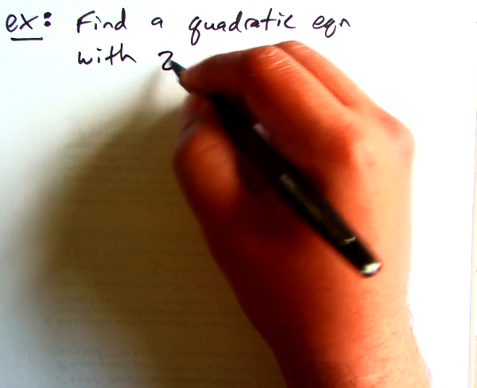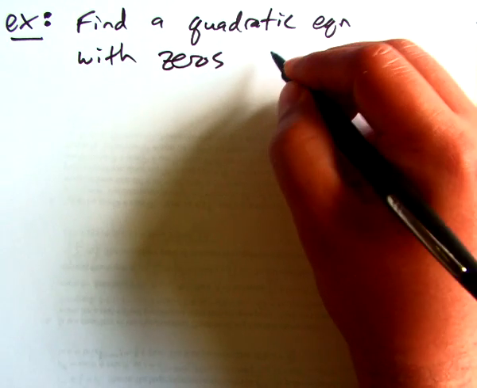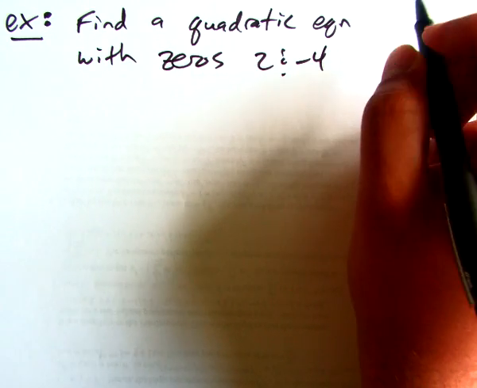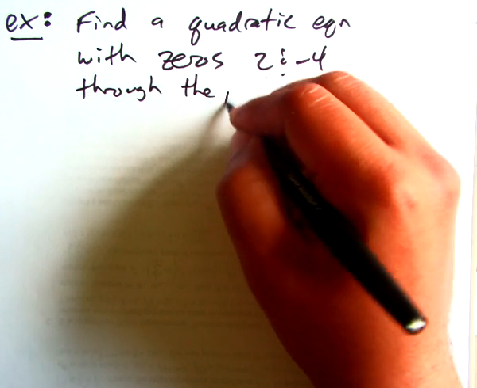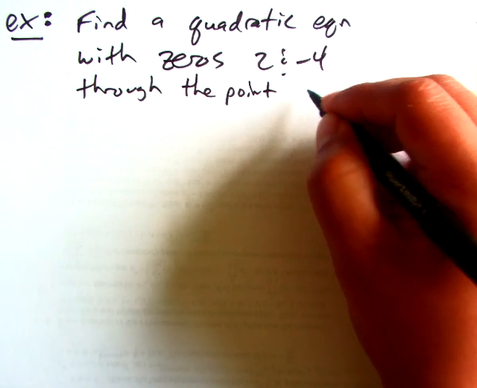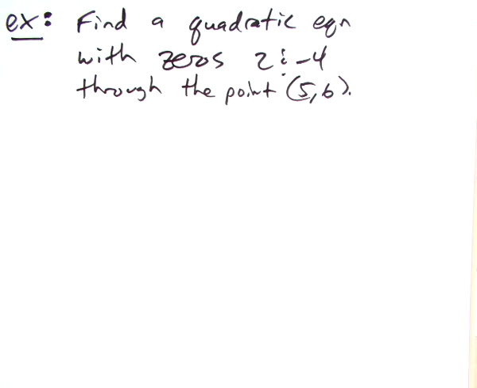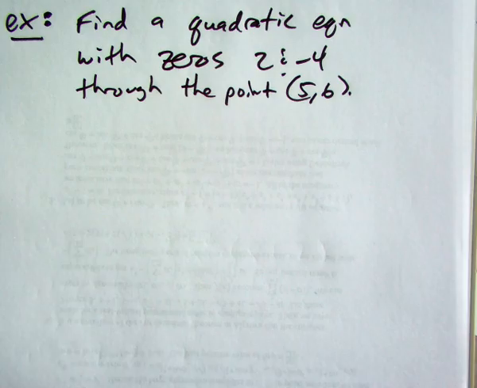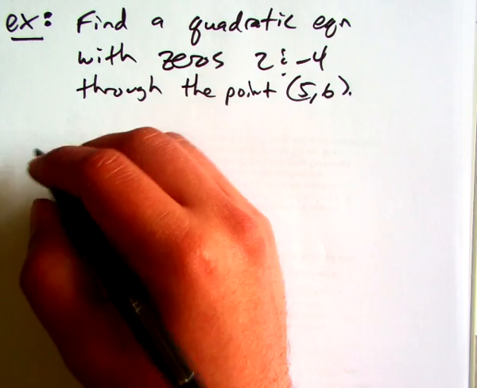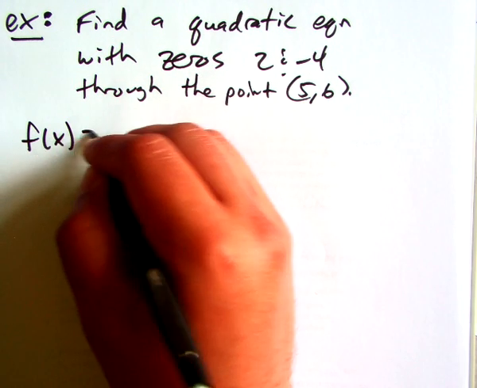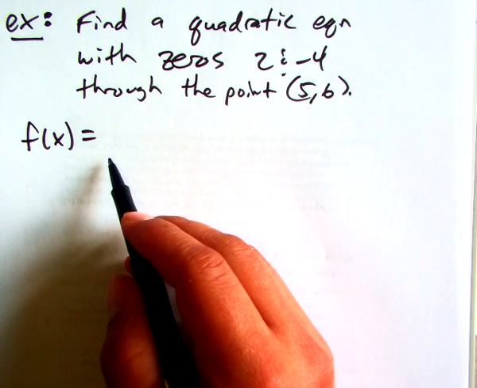Find a quadratic equation with zeros 2 and negative 4, through the point 5, 6. Here's what we do. Do we know the lead coefficient?